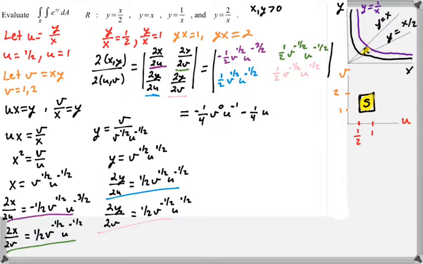And then u to the negative 1/2 times u to the negative 1/2 would be u to the negative 1. So we get u to the negative 1 and v to the 0 power. V to the 0 power is going to be 1. So we're going to have 2 of these, negative 1/4 u to the negative 1. So 2 over 4 would be 1/2, and then u to the negative 1. And that's our Jacobian. We do need to put it in absolute value. So we put our absolute value bars around this.